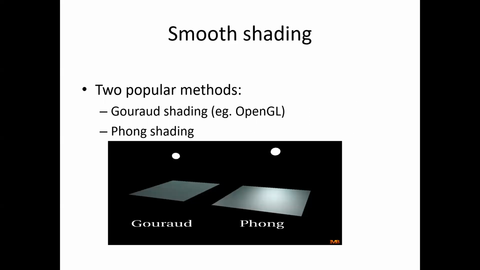Smooth shading is considered in two popular shading methods, namely Gouraud shading and Phong shading, and Gouraud shading is mainly used in OpenGL. At a very basic level, this diagram shows this. The light source is above the table, and the effect of this light falling on the table surface, when it is visible, is Phong shading, and when it is not visible, it is Gouraud shading.